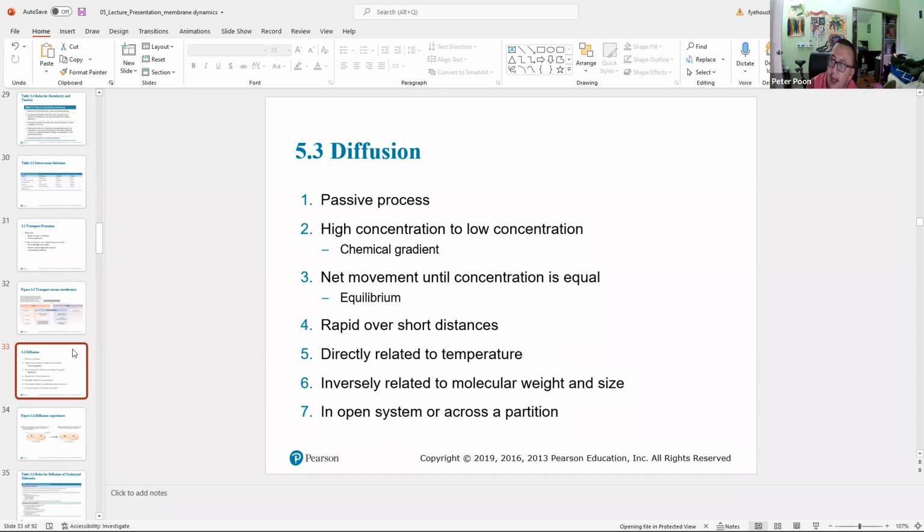That's why you need simple squamous cells to allow for diffusion over short distances. It is directly related to temperature, so the higher the temperature, the faster the diffusion rate. It's inversely correlated to molecular weight and size, so the bigger the molecule is, the slower it will diffuse.